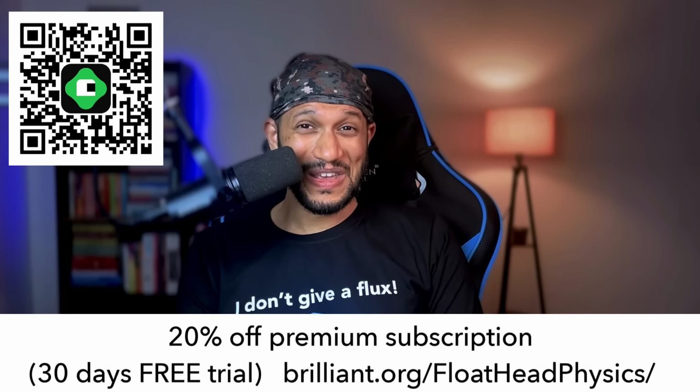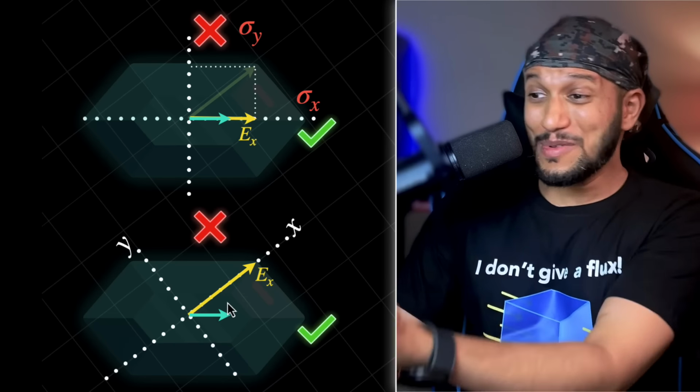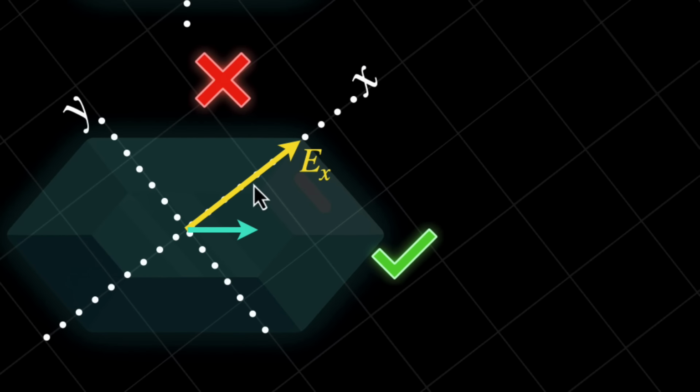Okay, back to the video. So how do we represent conductivity now? J is not aligned along E. We can decompose J along the X and Y direction, giving us Jx and Jy. So this means, look, the electric field component along the X direction gives us both Jx and Jy.